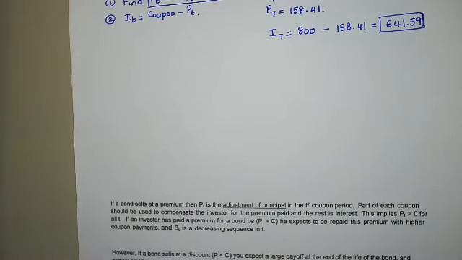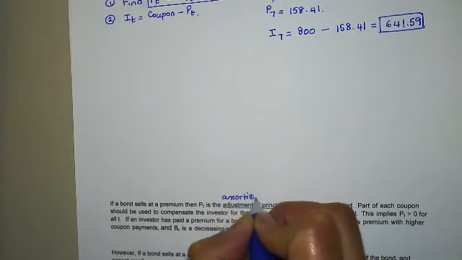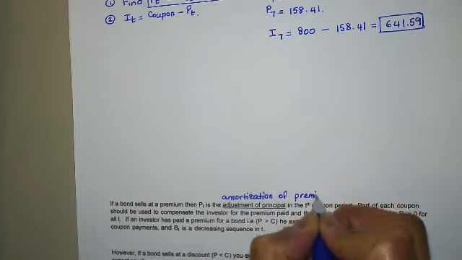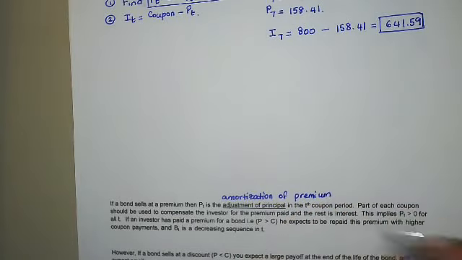If a bond sells at premium, then P of T is called the adjustment of principal or amortization of premium, or amortization of principal. Any of those names is fine.